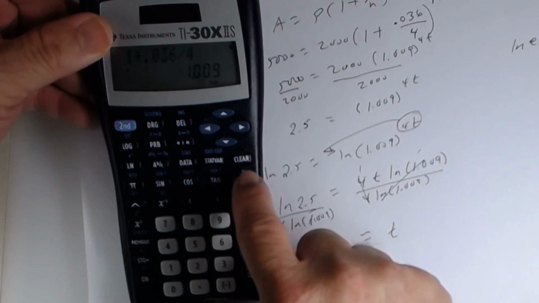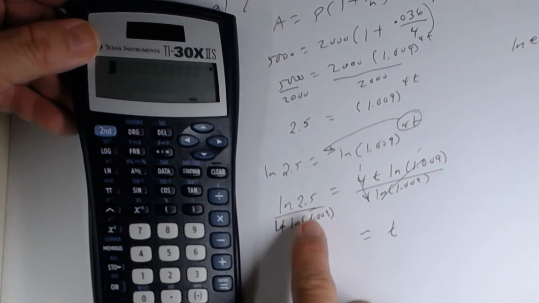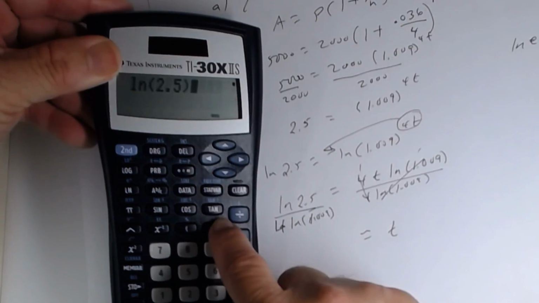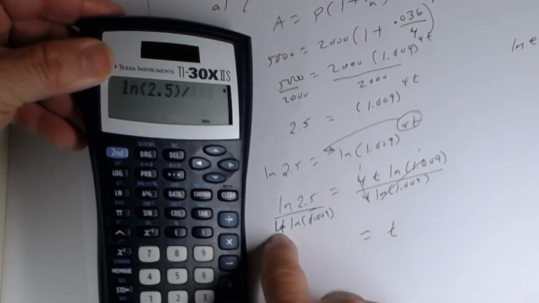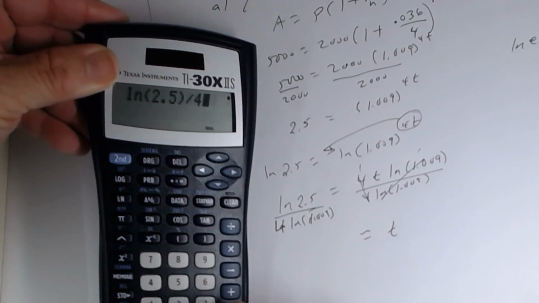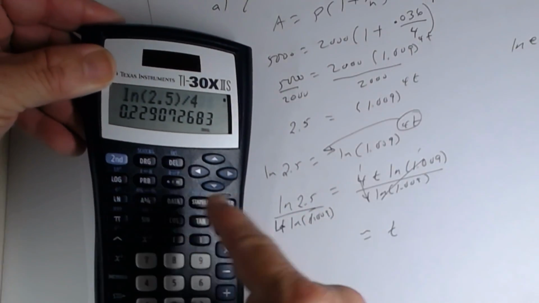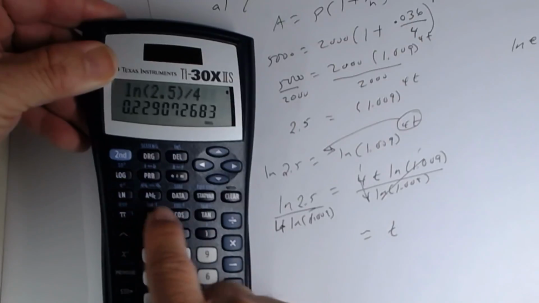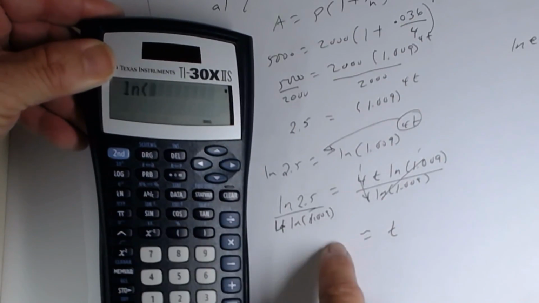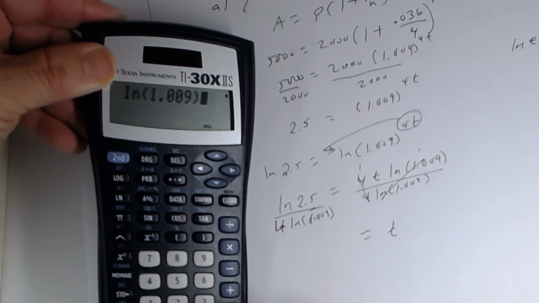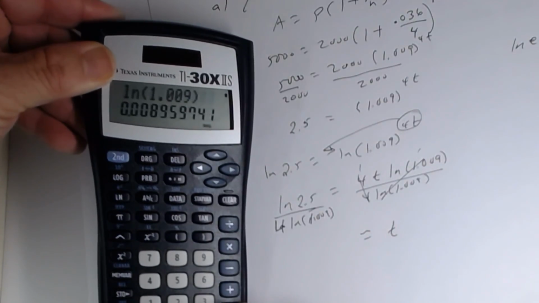You're going to say natural log of 2.5. Close. You can divide by 4. Press equal at this point. Then you're going to take that and divide by the other one, ln of 1.009. Close the parentheses, and then press equal.